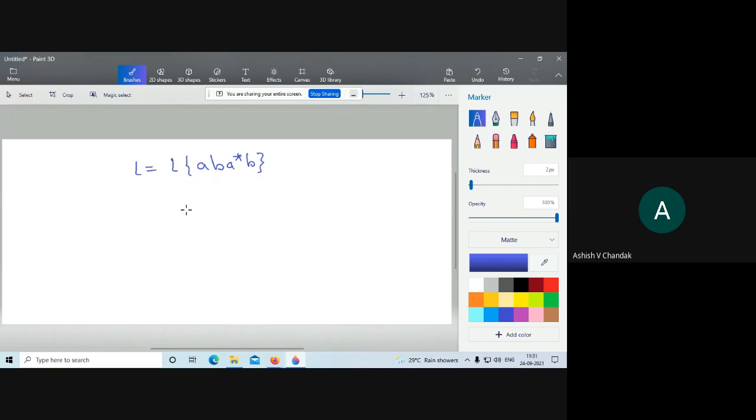We will write this as a, b, double a, b. Whenever we find b, we will replace it by a symbol.